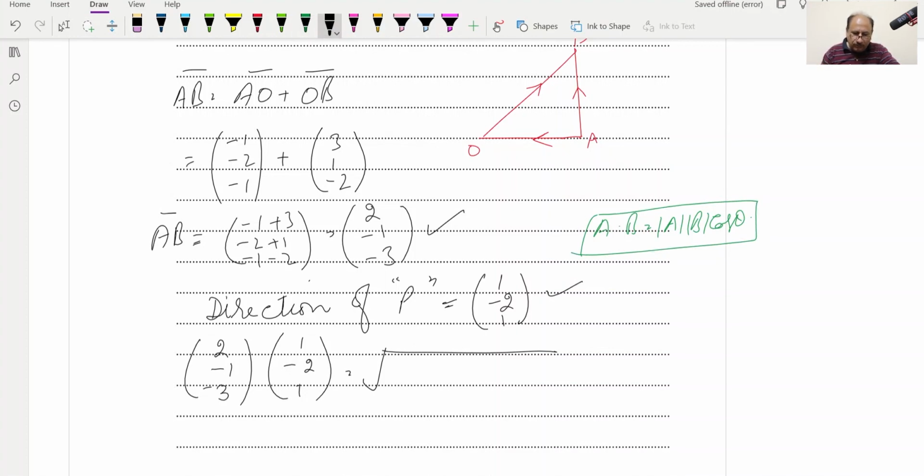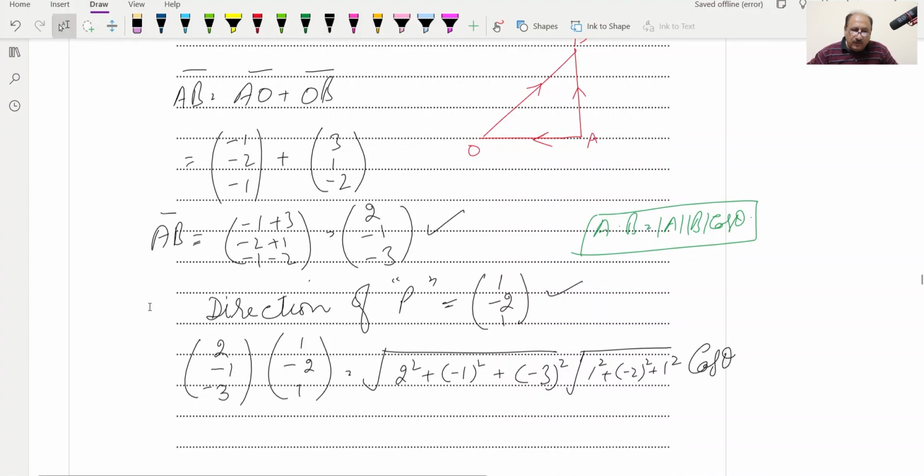The magnitude of the first one we write first, so it will be 2 squared plus -1 squared plus -3 squared, and the second magnitude will be 1 squared plus -2 squared plus 1 squared, and cos of theta.